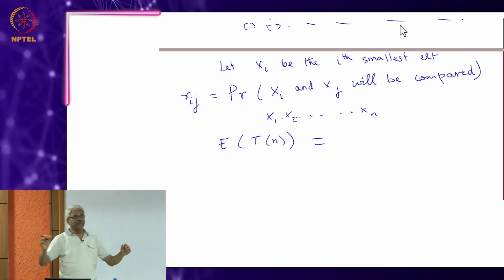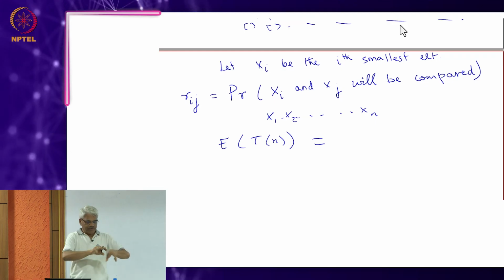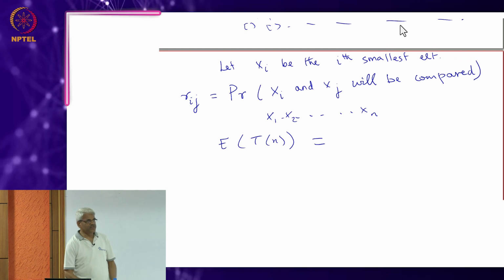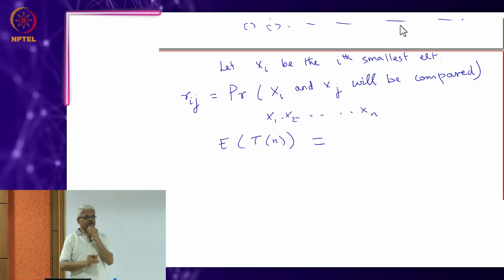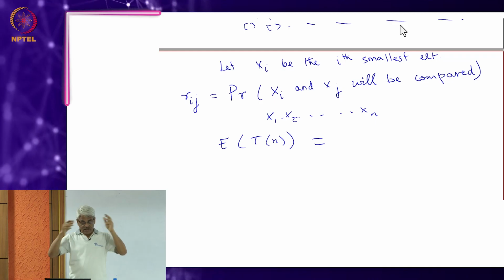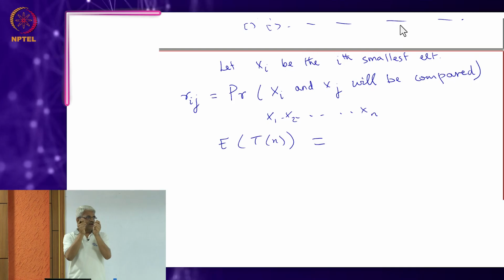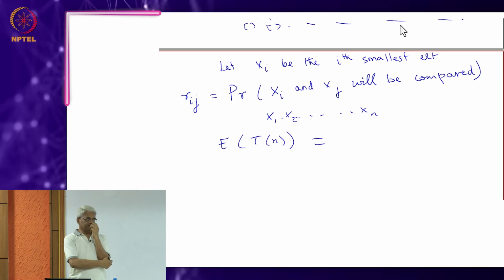This whole quick sort experiment: picking a pivot, comparing it, partitioning it, then picking a pivot, partitioning it, picking a pivot, partitioning. This is what is happening. At the end, there is some sorting complete. Now, I just say, let me pick the ith and jth smallest elements in the final sorted order. I want to know what is the probability they are compared. Let us call that Rij.